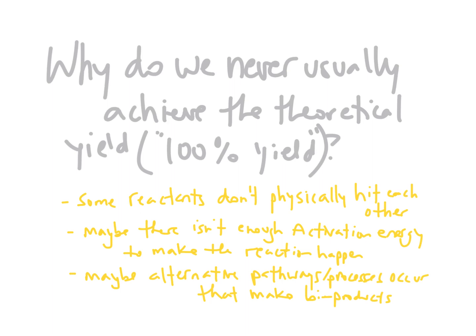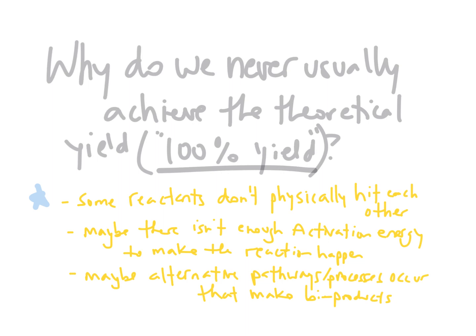So what are some of those factors? Why do we never usually achieve the theoretical yield? Or another way to put that would be, why do we usually not achieve 100% yield like we might predict in calculations? Well, first of all, some reactants don't physically hit each other during a reaction.